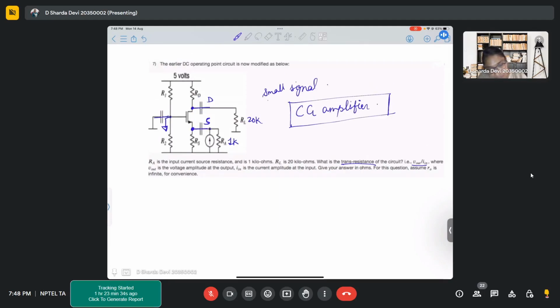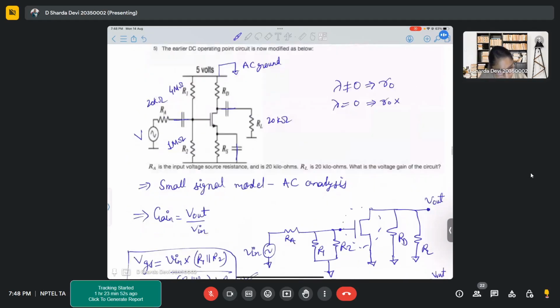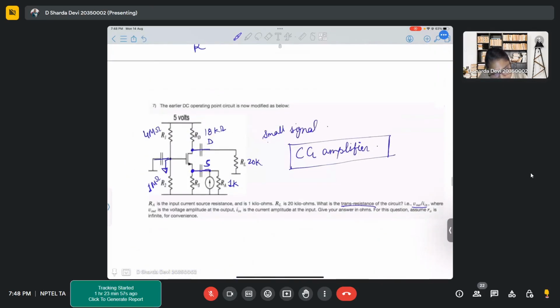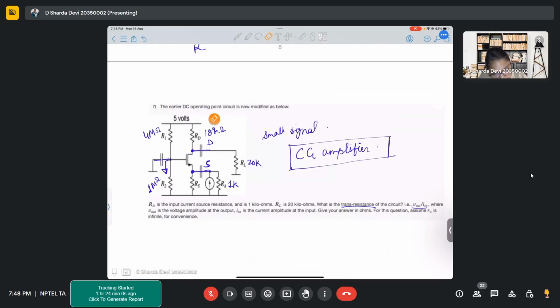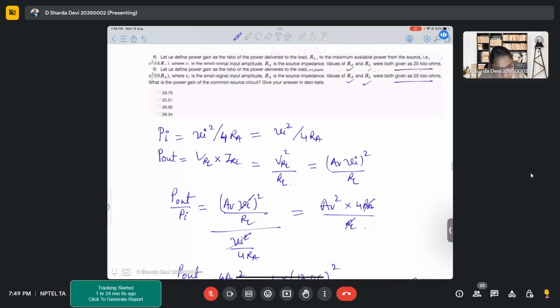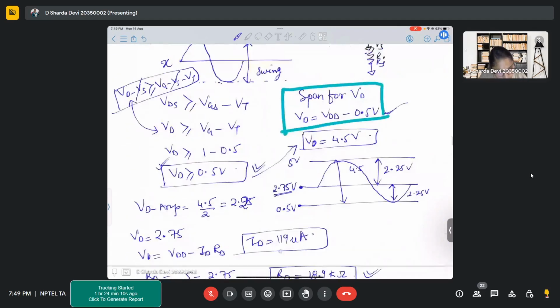The earlier circuit has been modified, so it is the same 4 mega ohms, 1 mega ohm, and this is shorted. Here we have RD of 18.9 kilo ohms. And RS: did we find RS in any problem, or was it given in any problem?